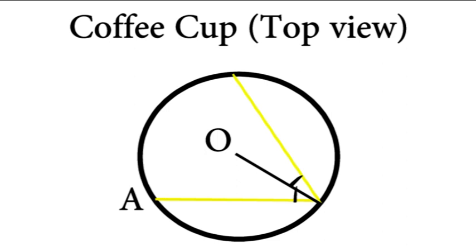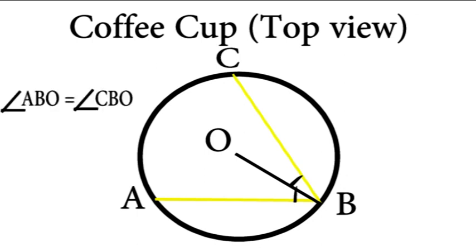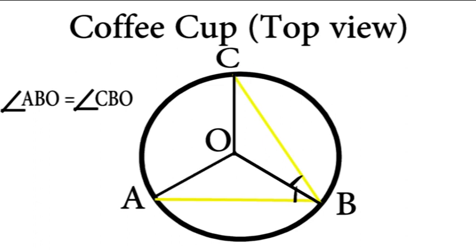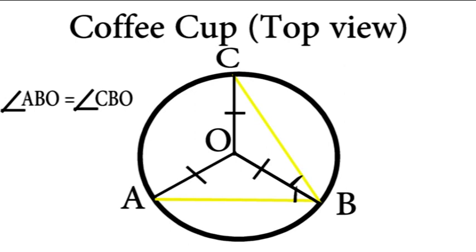Now let's say it reflects off B and hits the cup on this point C. So angle ABO should be equal to angle CBO. And if we make two full triangles out of these, then both of these would be isosceles triangles. And thus these two angles would also be equal.